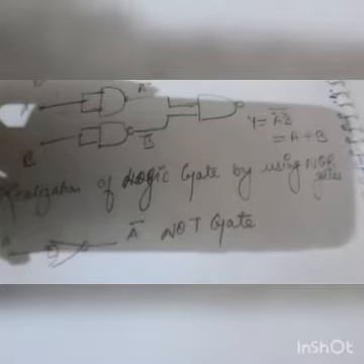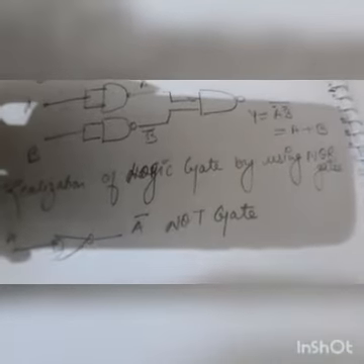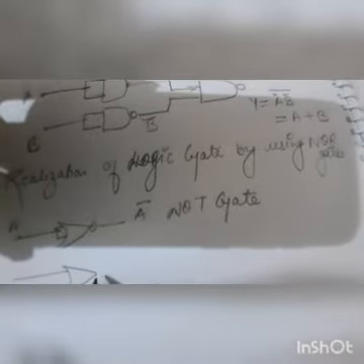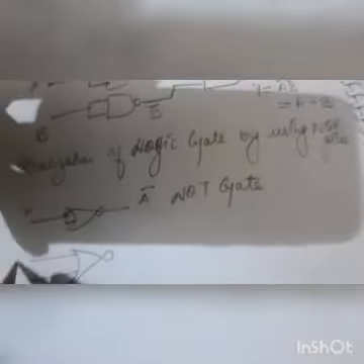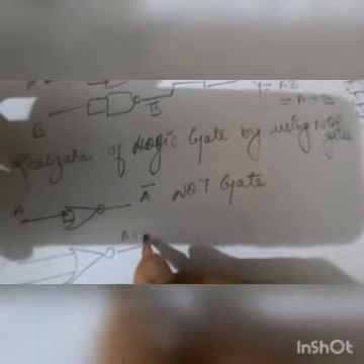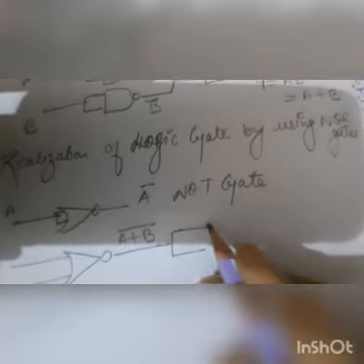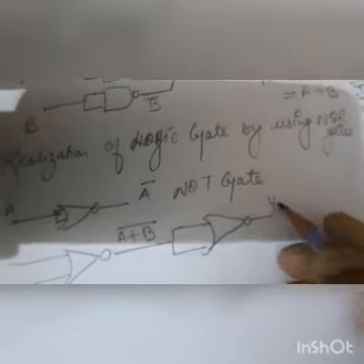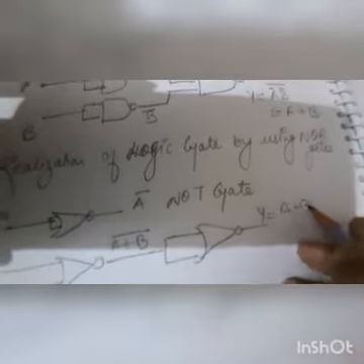Then for the OR, we make NOR of A, B, get an output (A plus B) the whole bar, and inverting it, y is equal to A plus B.